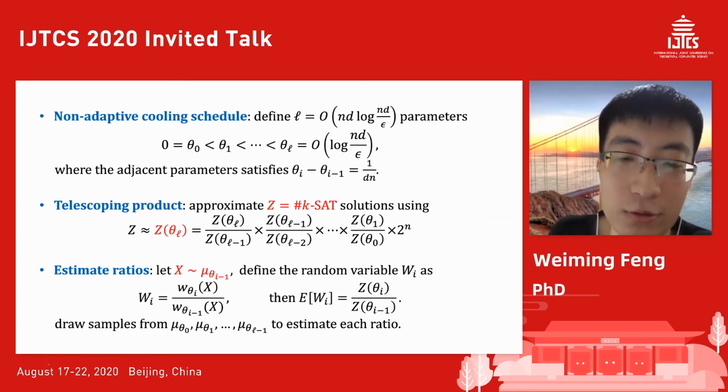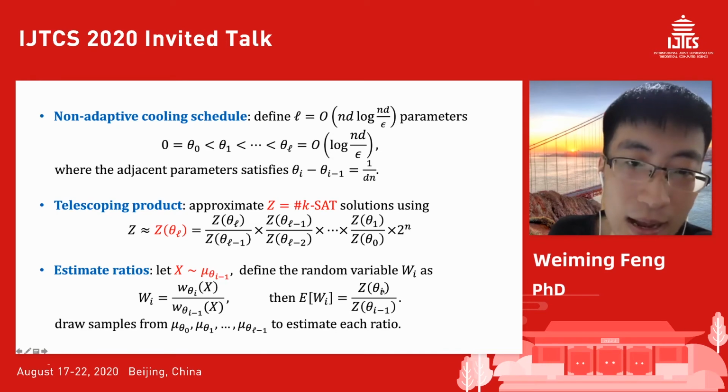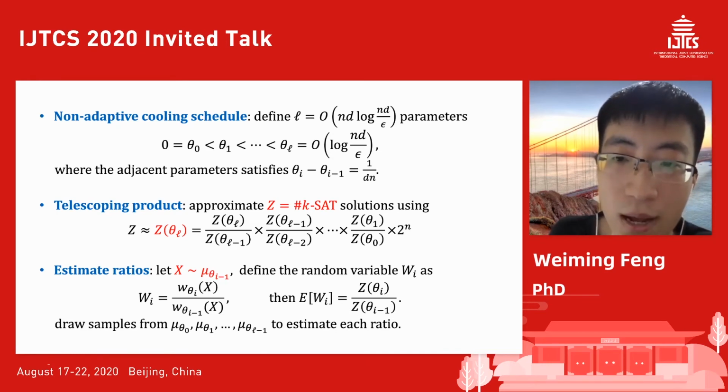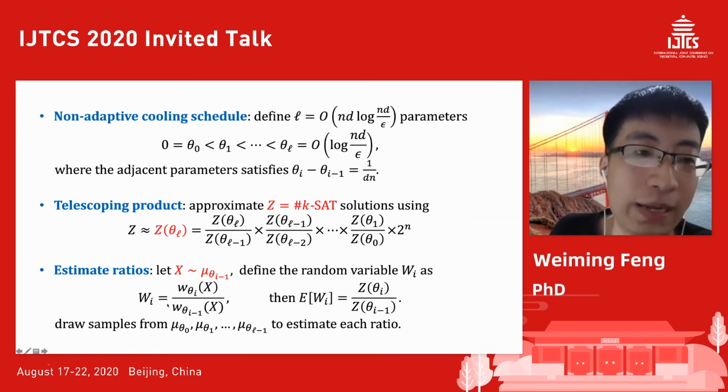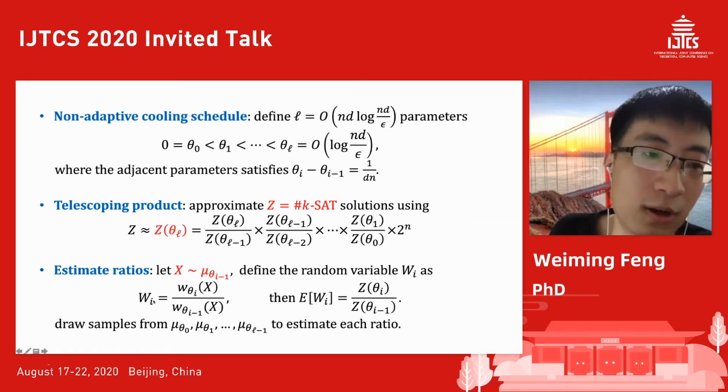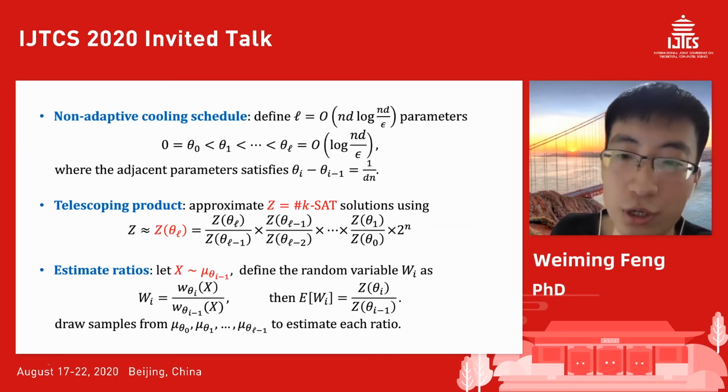To estimate the ratio Z theta i over Z theta i minus 1, we draw a random sample x from the distribution mu at temperature theta i, and we calculate a random variable w_i as the weight of x with respect to theta i over the weight of x with respect to the temperature theta i minus 1, and we can prove that the expectation of such a random variable w_i is precisely the ratio we want to compute.